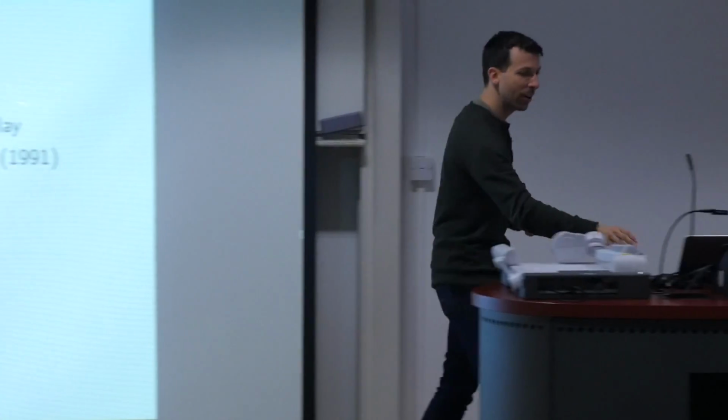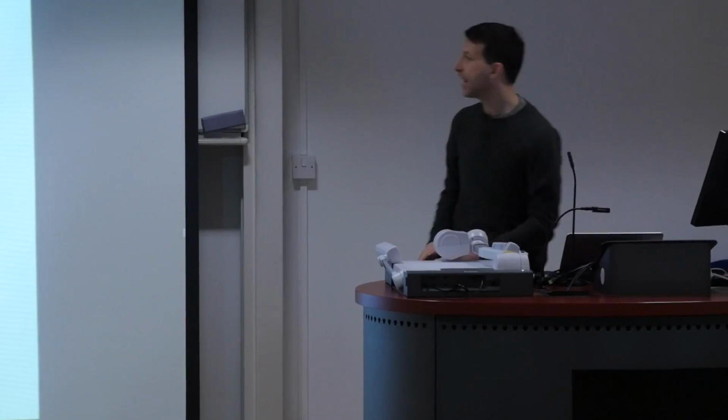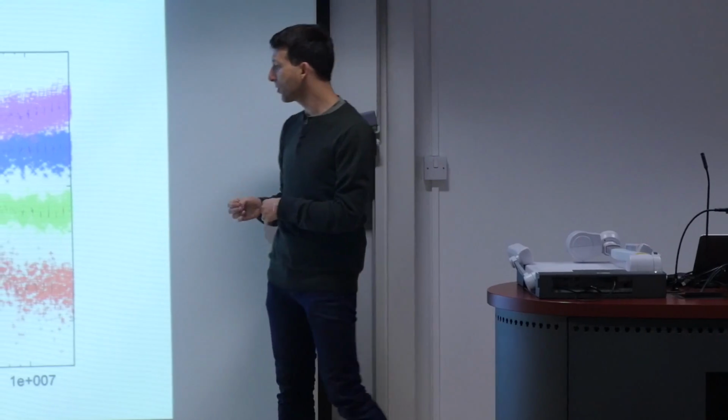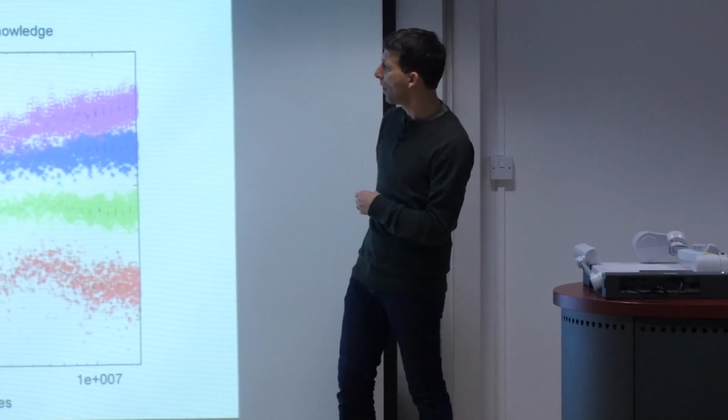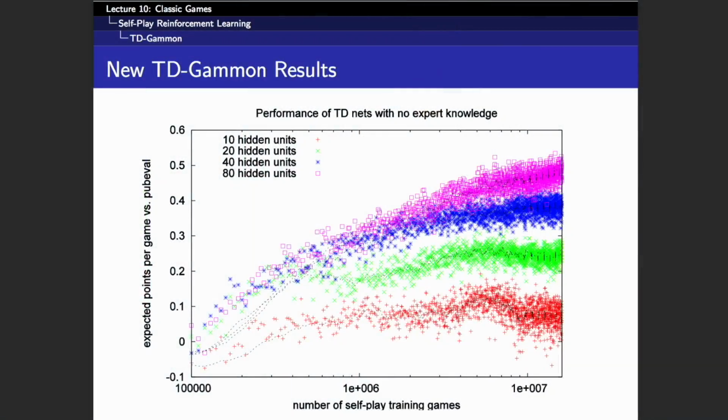But Tesauro went back later and showed that if you take out all of that expert knowledge, and this was just a few years later, and carry on training with the version with no knowledge at all, it actually ended up outperforming the version that he'd used in that match. So this was really something which learned completely from raw data and nothing else.